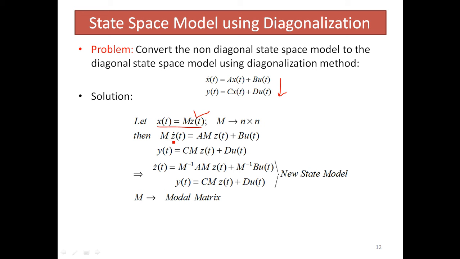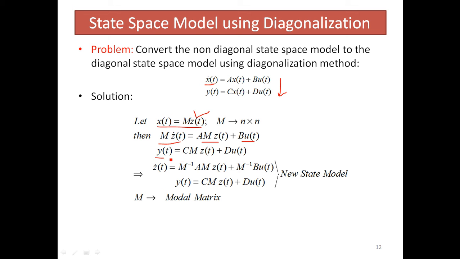So z dot t would be derived from x dot t equal to A x(t) plus B u(t), but x dot t would be equal to M z dot t. So M z dot t equals A into x(t), and x(t) you have assumed as M z(t), so A into M into z(t) plus B u(t).